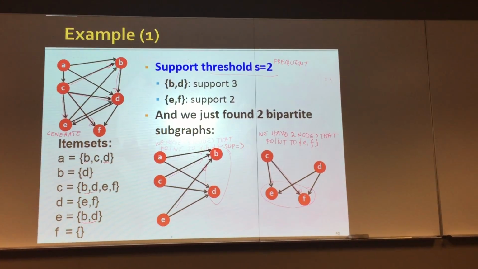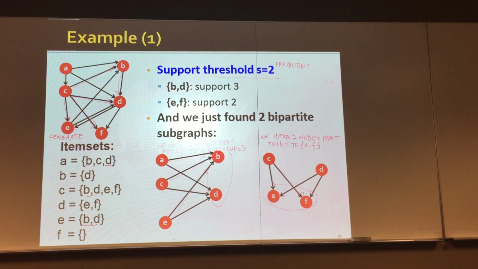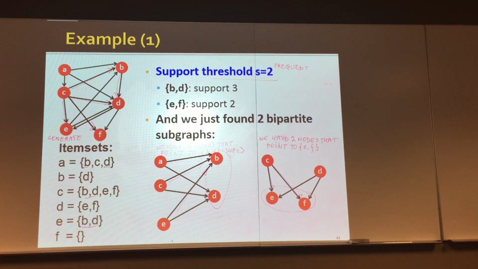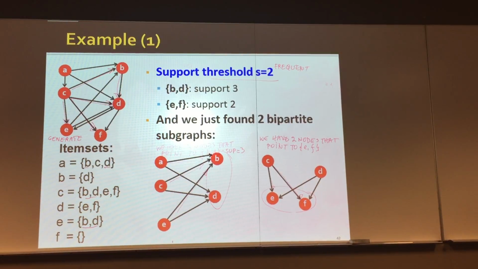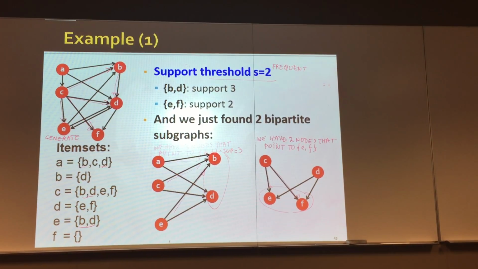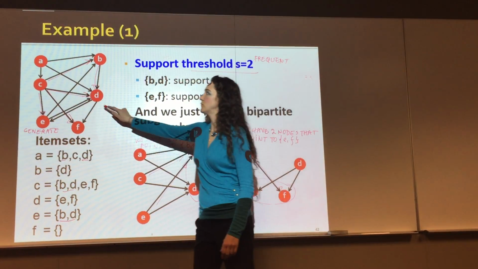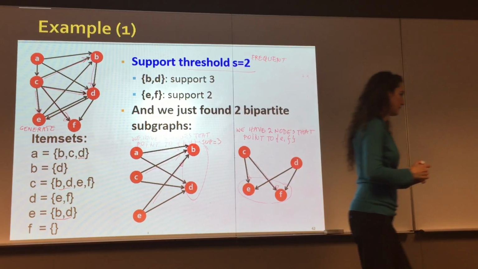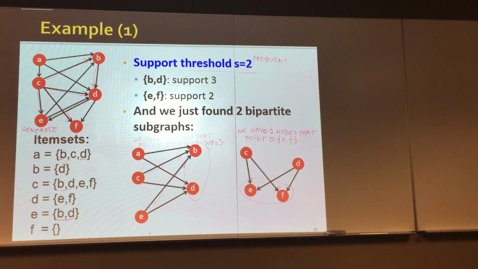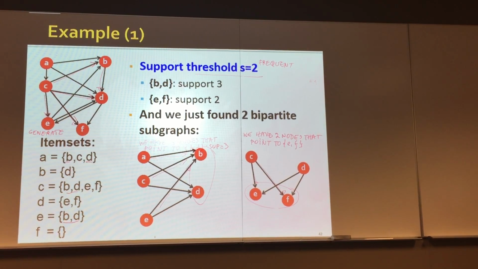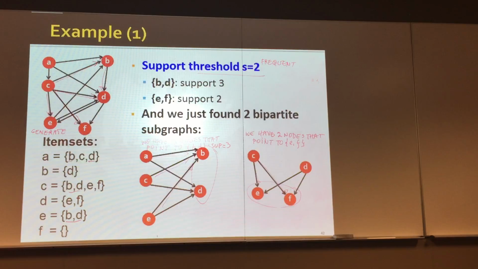So these are the graphs that have 2 parts that are called bipartite. Subgraphs of these are the bipartite 2 parts graphs of the main graph. So that's how we can use the frequent item set method to find these bipartite subgraphs.